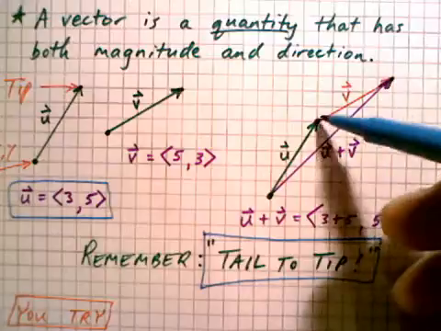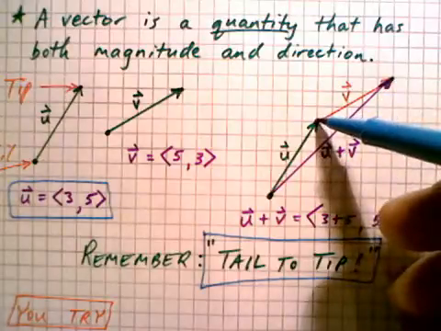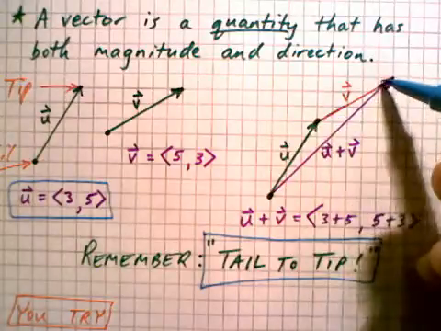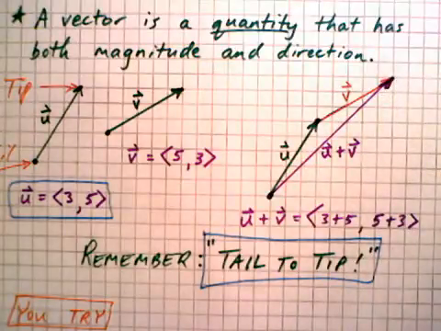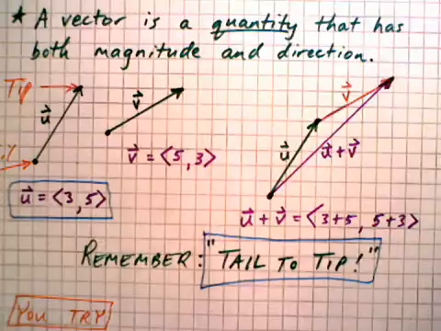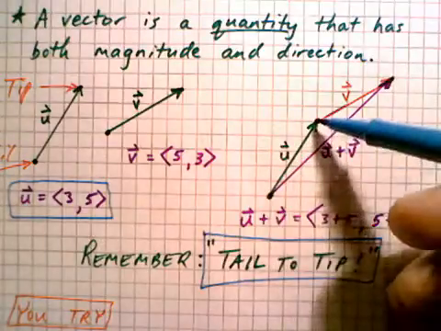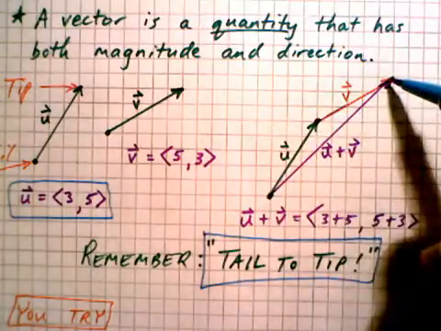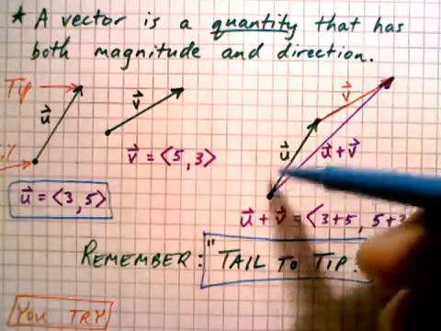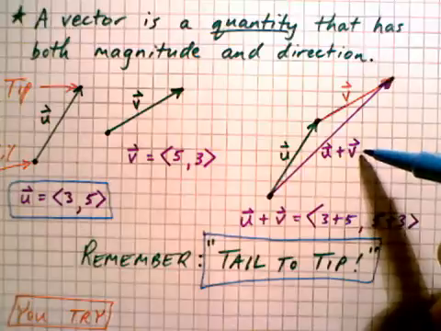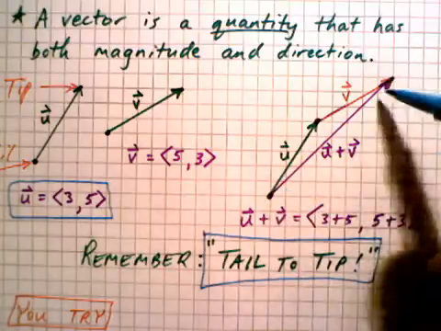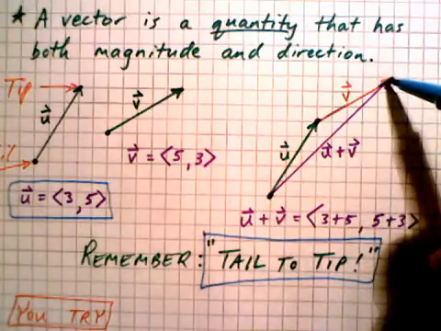So let's say we have a 100 mile an hour wind traveling in this direction, kind of up 3 and over 5. And then what direction and speed would the airplane actually be flying in? Well, if you have kind of a tailwind here, vector v would represent a tailwind. It's pushing the airplane a little bit faster. Well, vector u plus v would be the actual speed and direction of the airplane.